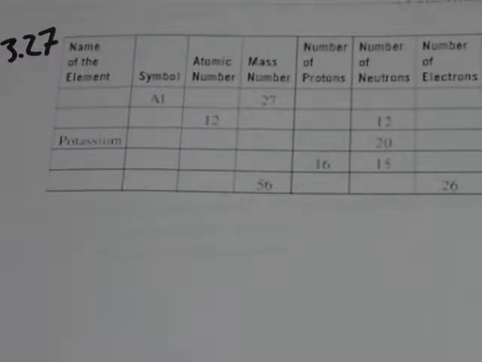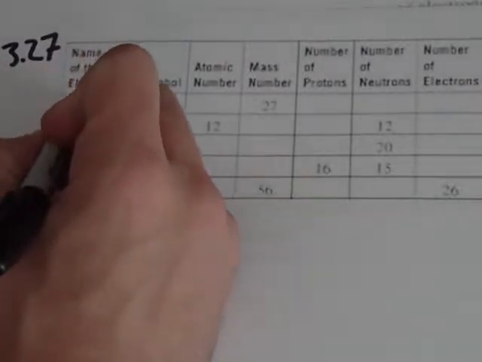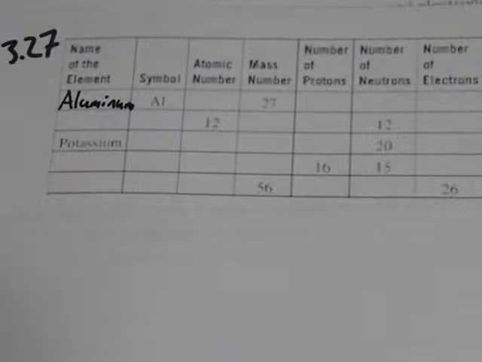periodic table. And so for the first row, it gives us the symbol of Al. So that's aluminum. All right, and so for the name of the element, we just write aluminum. And it's asking for the atomic number.